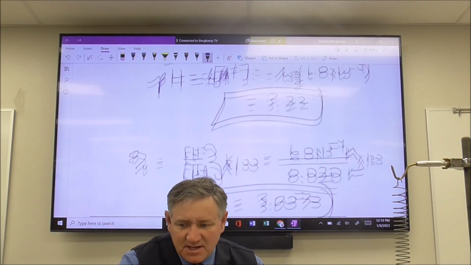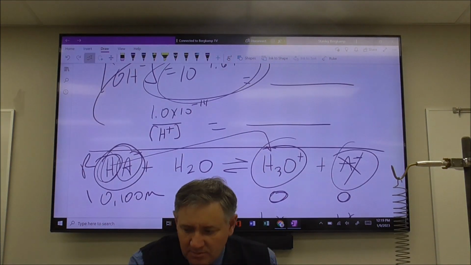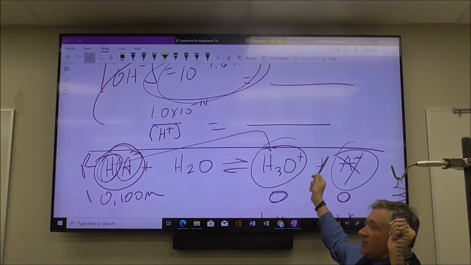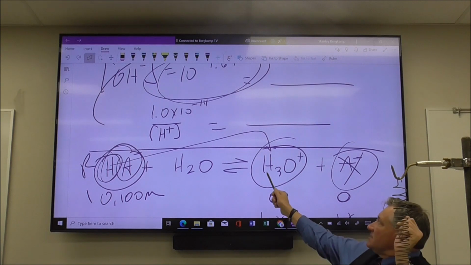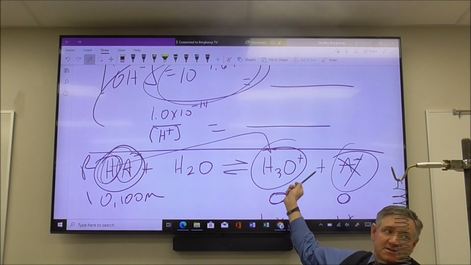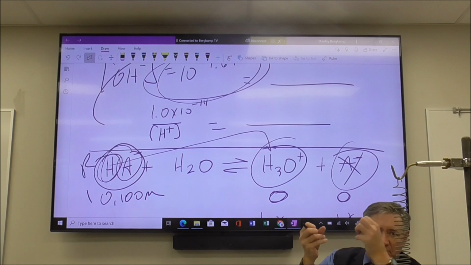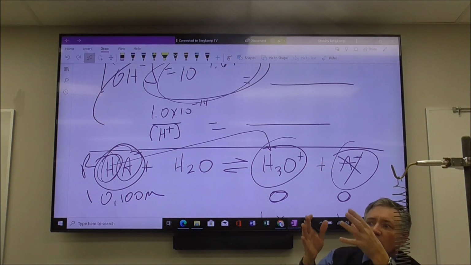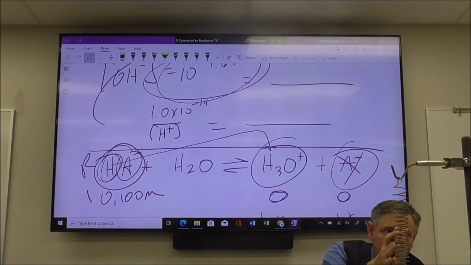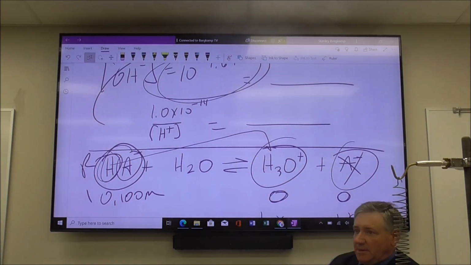In this reaction of the acid reacting with the water forming hydroniums and anions, only 3% of the time is it ionized. Only 3% of the time is it over here. 97% of the time it exists as what we call the molecular form. So you go to prom. 97% of the time you are with your date. Only 3% of the time are you separated. Okay?